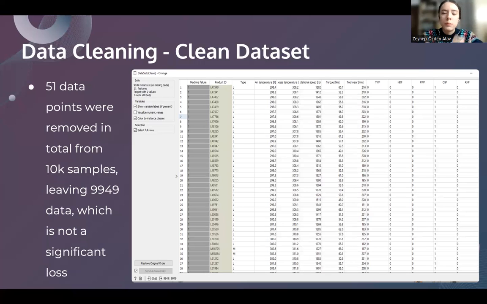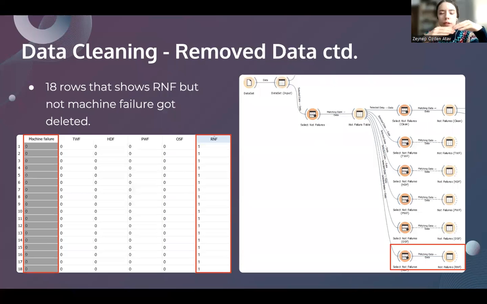Hocam, from the previous slide, when we were talking, the machine failure being zero is one. In our imbalance, we have the machine failure being 0 cases a lot, and the machine failure being 1 cases really low.